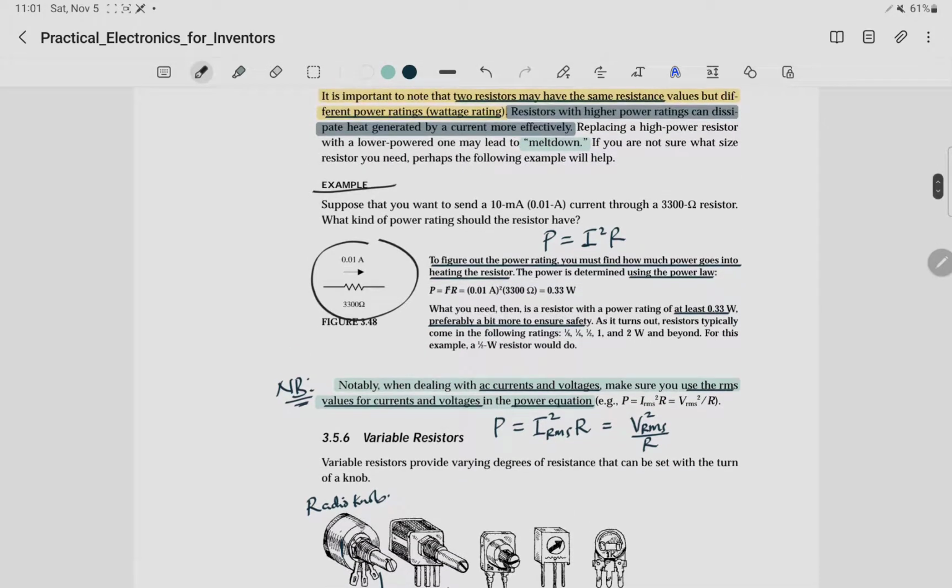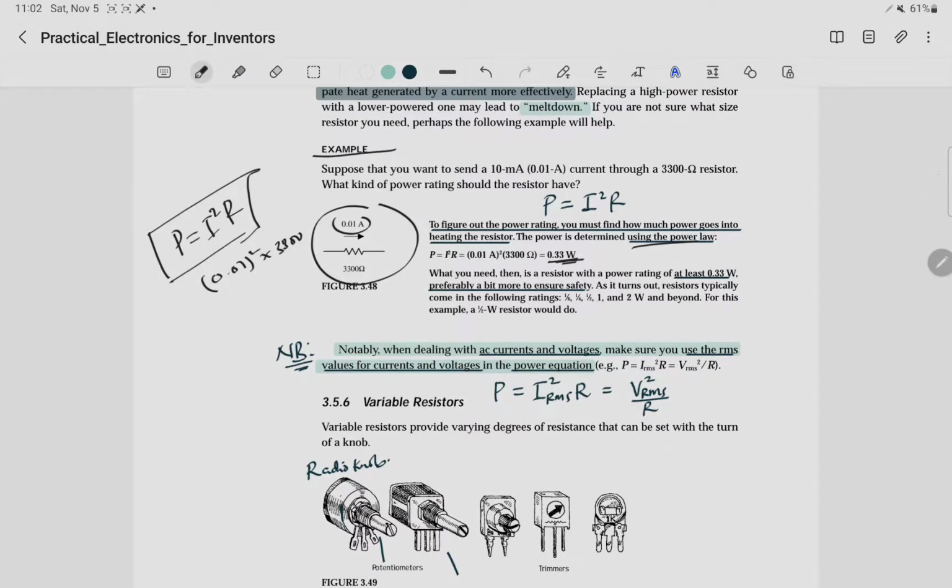From this equation, which is P equals I squared R, called the power law, you find that when you insert this current value, 0.01 squared times the 3300 ohm, you get 0.33 watts. So that's the power rating of the resistor that you want to use in your particular circuit.